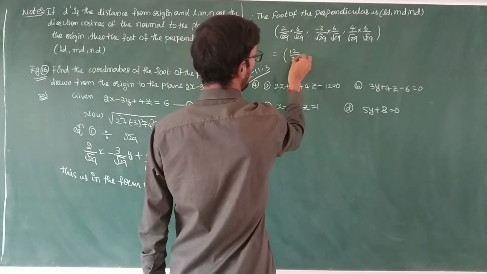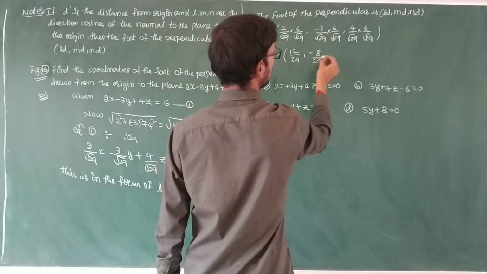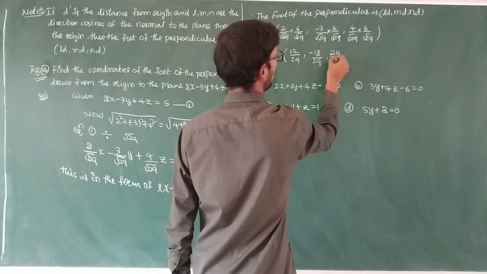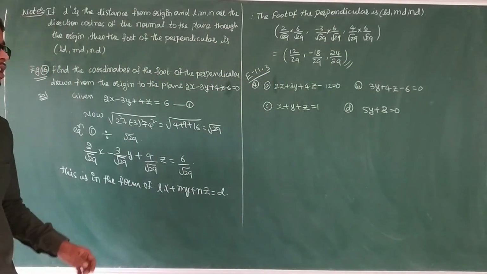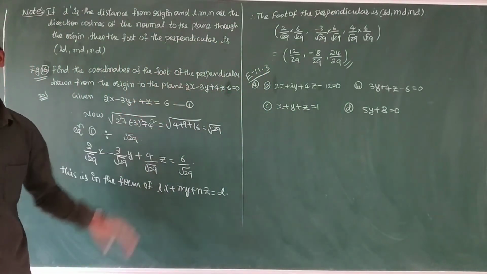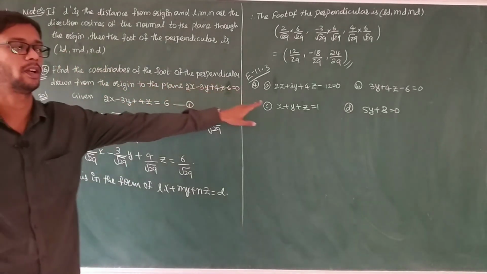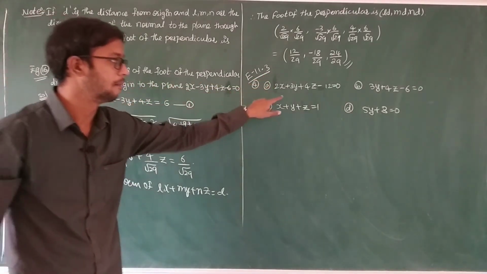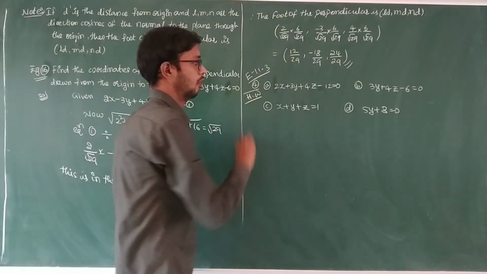That gives 12 by 29, minus 18 by 29, 24 by 29. This is the foot of the perpendicular drawn from the origin to the plane. Similar problems, find the foot of the perpendicular drawn from the origin to the planes. Take this whole set as homework.